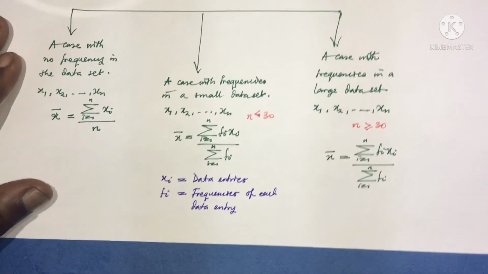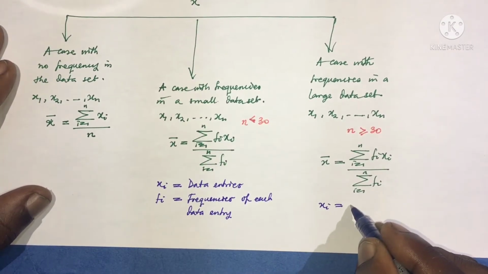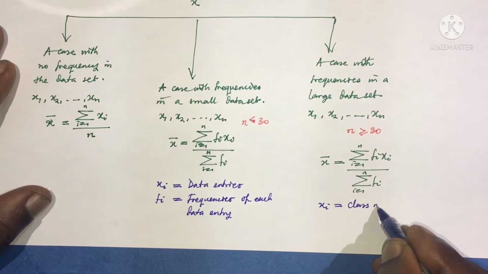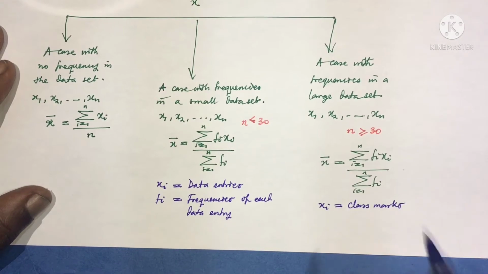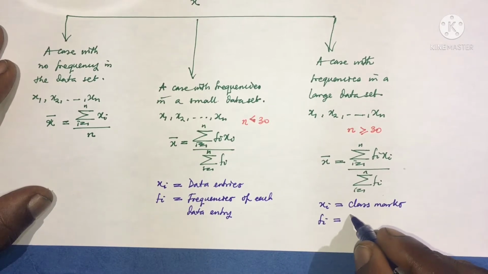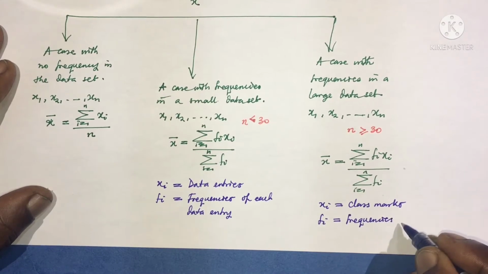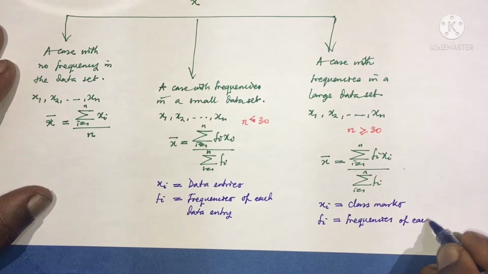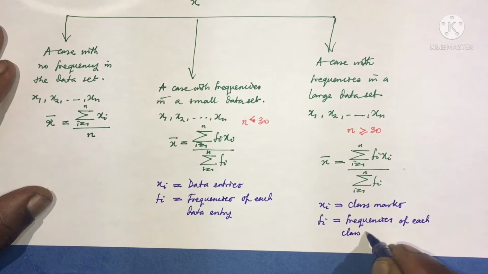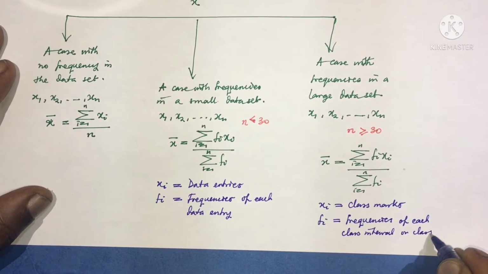In this case, our xi was defined not as the data entry, but as the class mark, and our fi's were defined not as the frequencies of the data entries, but as the frequencies of each class interval or class mark.